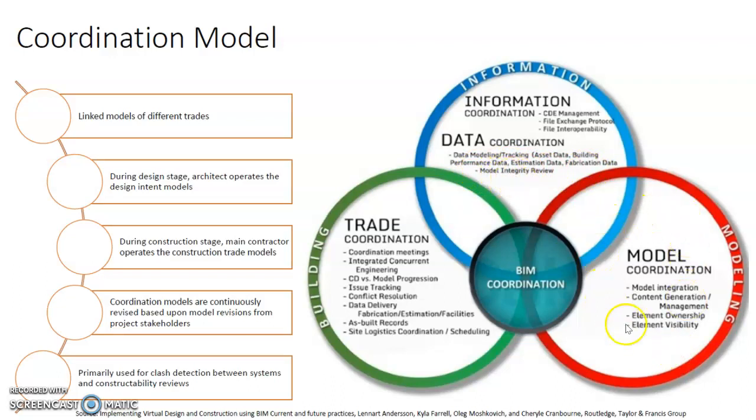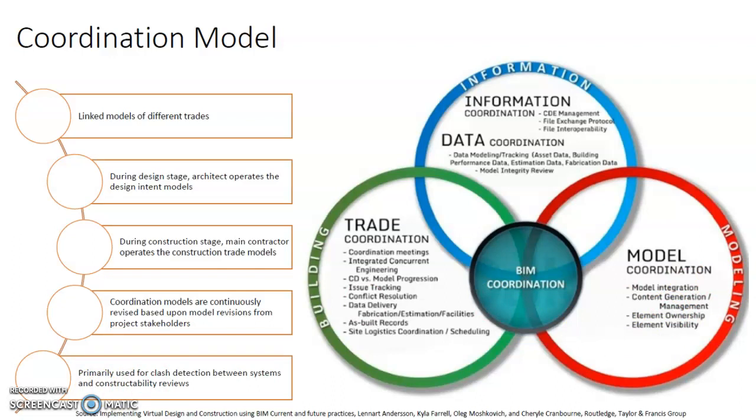We also need to coordinate the different models. So we need to integrate the data from the different models. We need to have this content generation and management system, and decide who actually owns which particular portion of the model, the element ownership, and the element visibility.